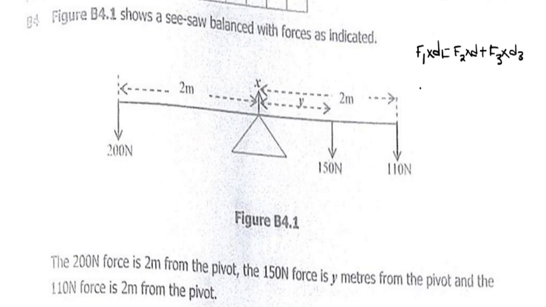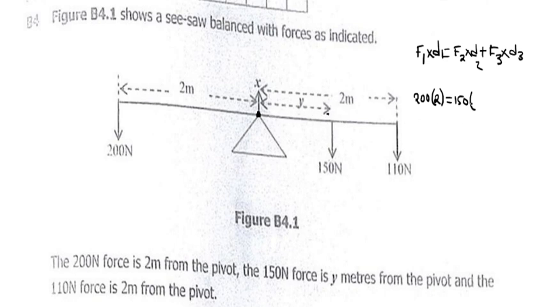third distance. So the first force is 200 newtons. First distance from the pivot, this is where the pivot is, 2 meters, should be equal to the second force, which is 150. The second distance from the pivot is y.